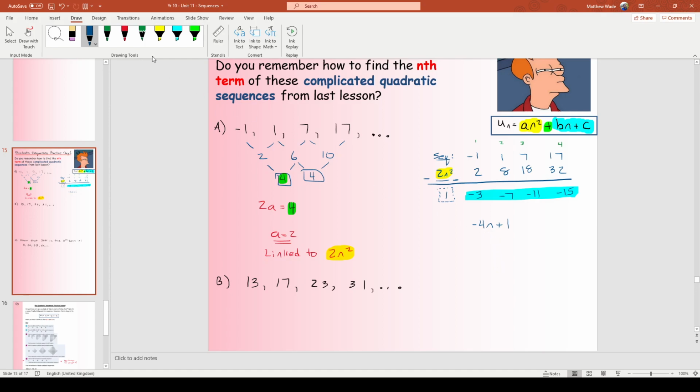Happy days, buddies? You've got your blue, you've got your yellow. So the total final answer, the nth term, is the two of them together: un equals 2n squared minus 4n plus 1, like an absolute boss.